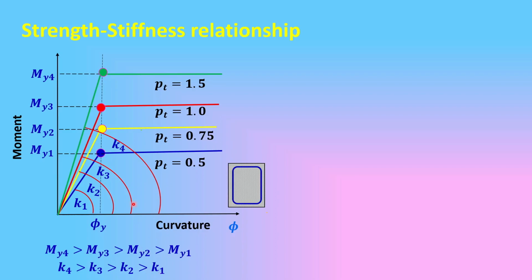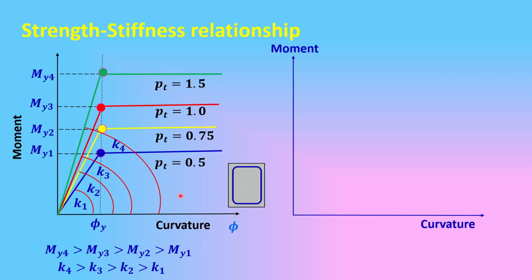So what does it indicate? It indicates that as you increase the strength of the section without changing size, by increasing the percentage steel, the stiffness also goes on increasing. Okay, so this is what we are getting from reality, from the moment curvature diagram, the actual behavior. Now let us see what the code is assuming regarding this.